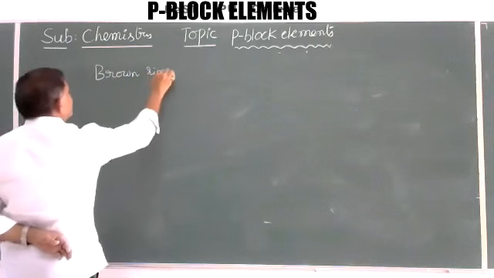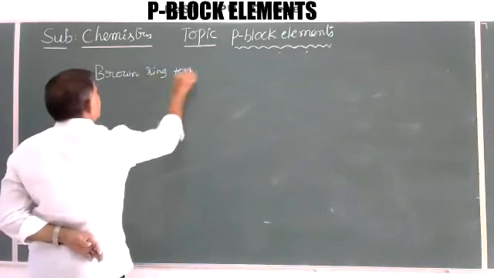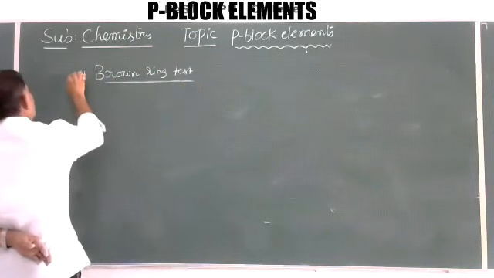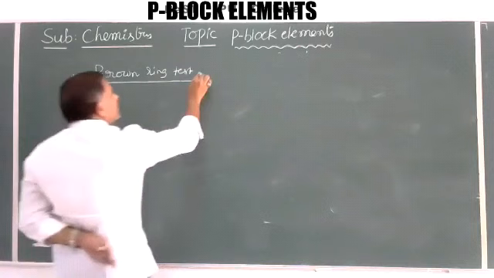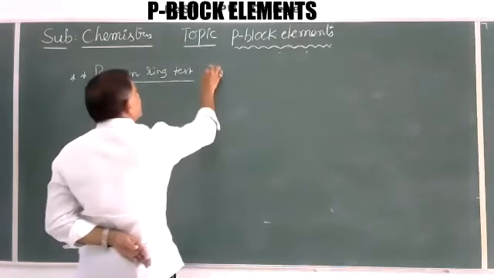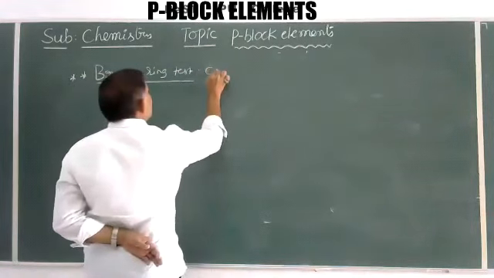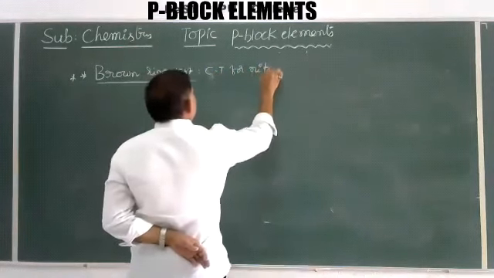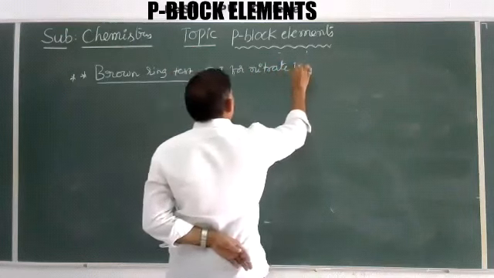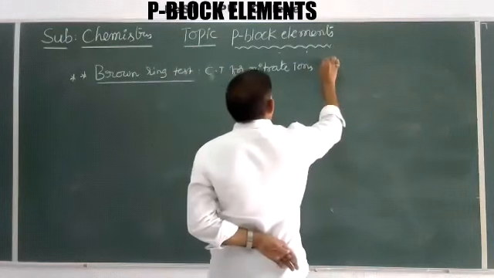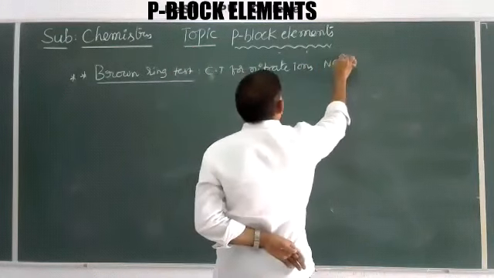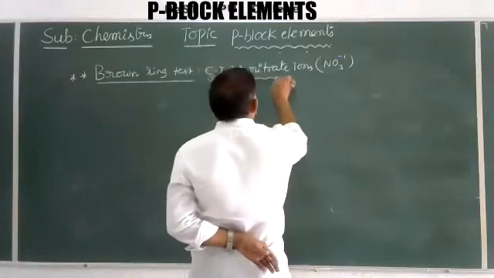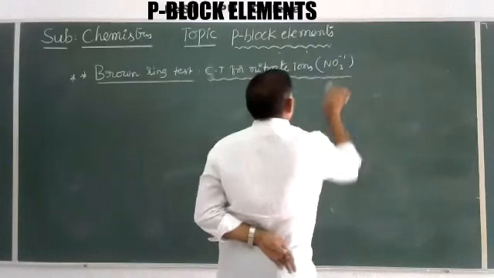Brown ring test is a very, very important test, a confirmatory test for nitrate ions. Nitrate ions means NO3 minus 1 ion. To find out nitrate ion, the brown ring test is very important.